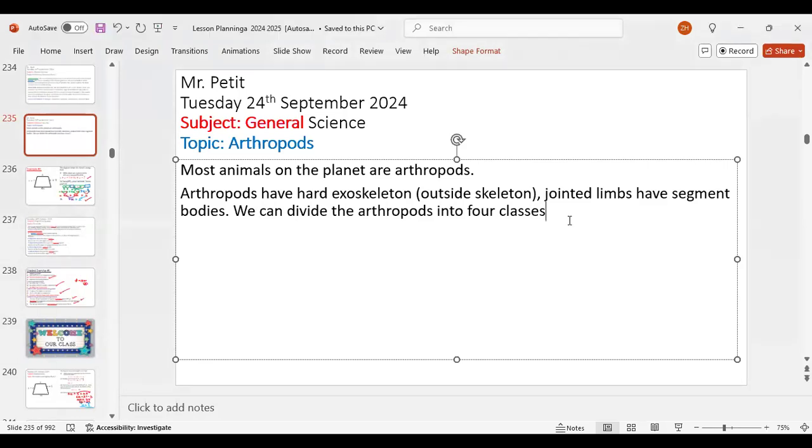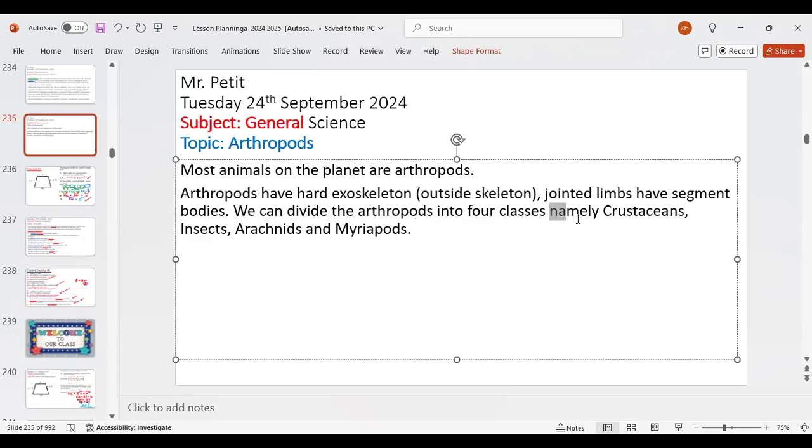And the 4 classes, namely crustaceans. That's a type of arthropods. Insects. It's a type of arthropods. Arachnids. That's a type of arthropods. And finally, myriapods. Those are arthropods as well.